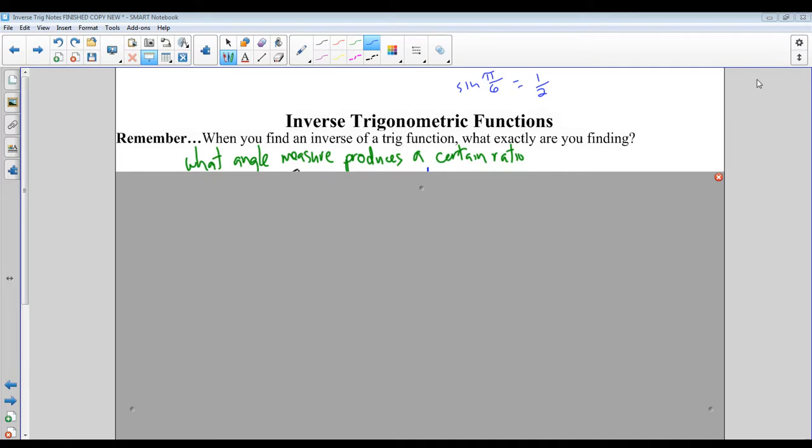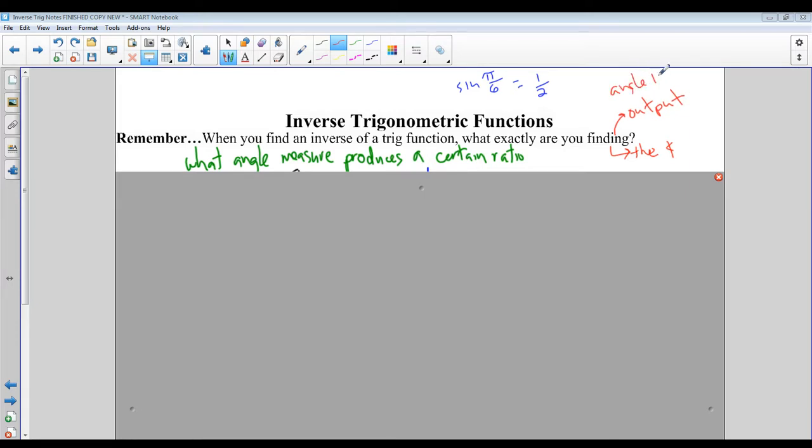So inverse trig functions help us find the angle that produces a certain ratio. Basically the angle is the output. I'll write that all in.